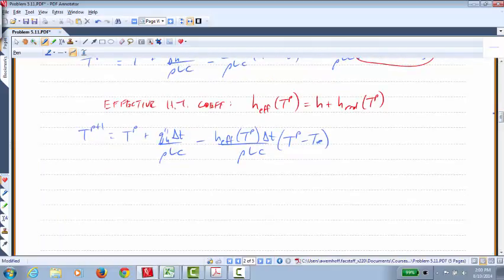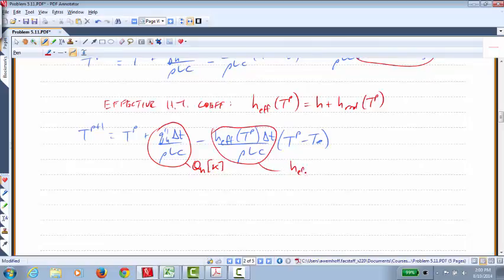One last thing we'll do is rewrite this term here as capital Q sub H. If you look at the units for this, it turns out the units are Kelvin, which is what we expect. Then we can examine this term right here and simplify it.